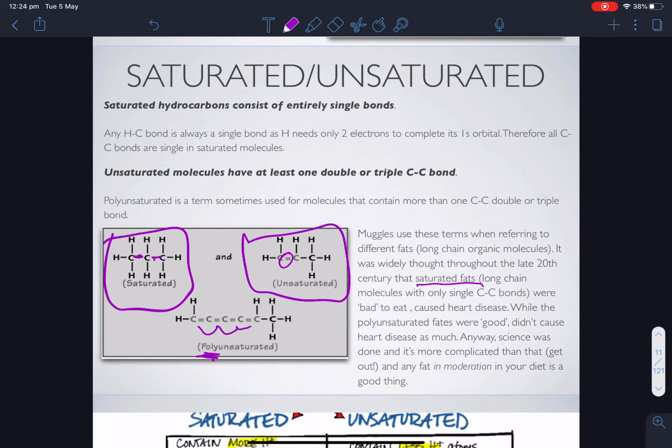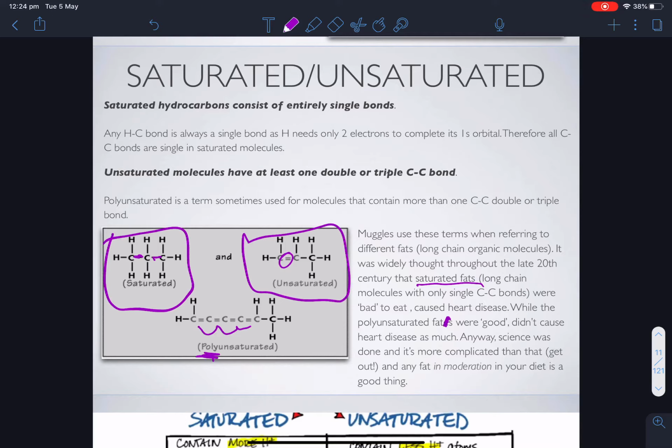So the alternative was to use polyunsaturated fats, not fates, terrible, and they were considered the good fats. This is in the late 20th century when I was younger, because I'm old, and they didn't cause heart disease as much.